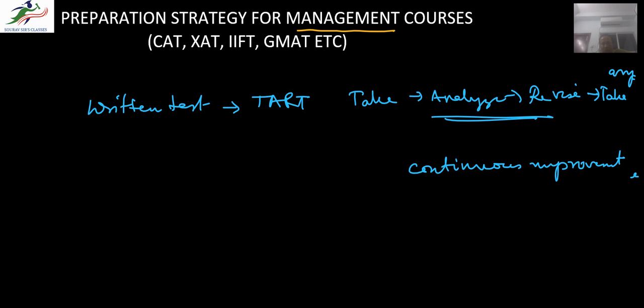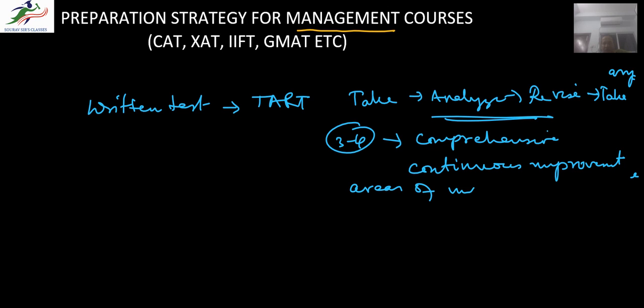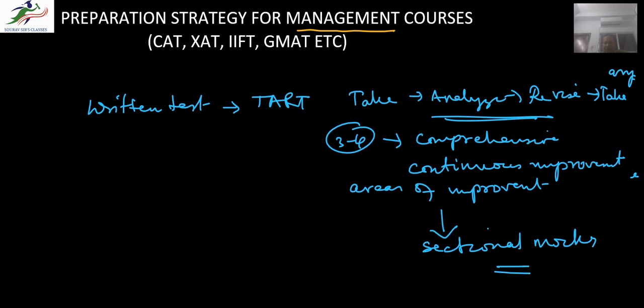And one more thing, after you've taken, let's say, 3 to 4 tests, the first 3 to 4 tests we recommend you to take the comprehensive test or the full test. After you have done that, you have identified your areas of improvement, you start taking sectional tests, sectional mock tests, and focus on each of the sections individually.